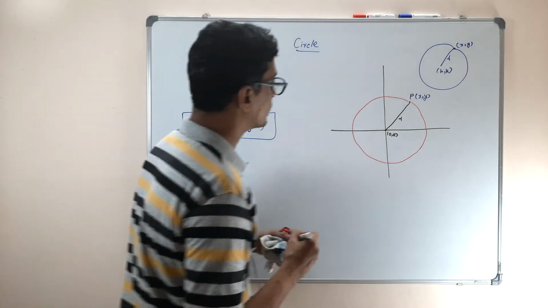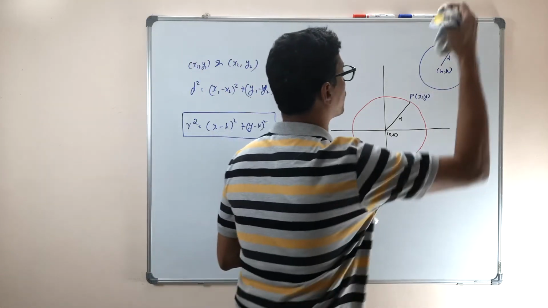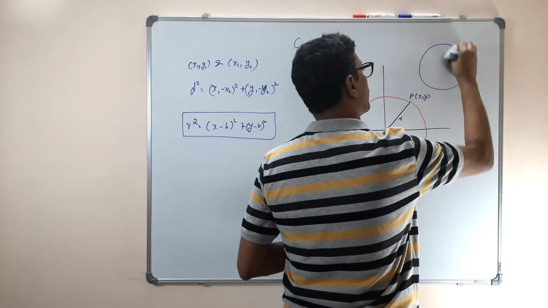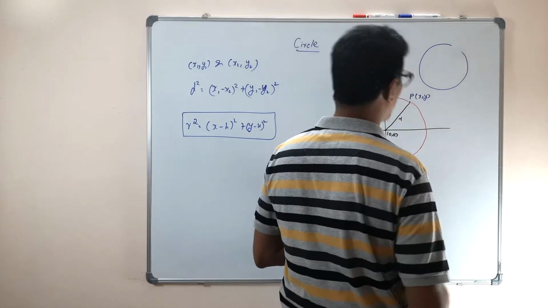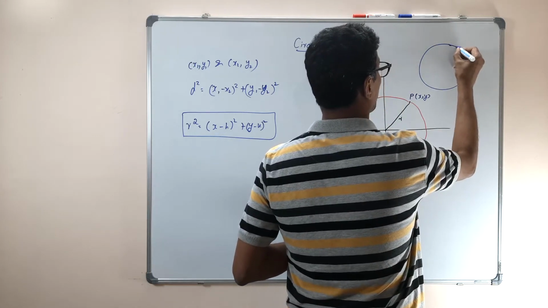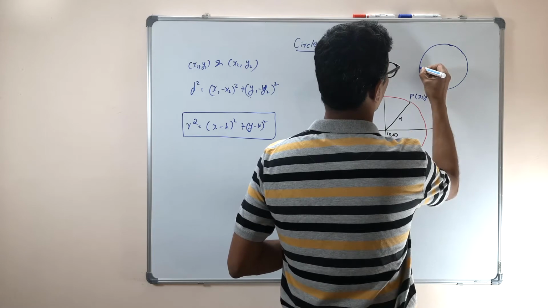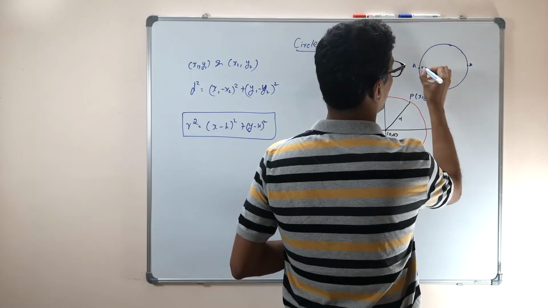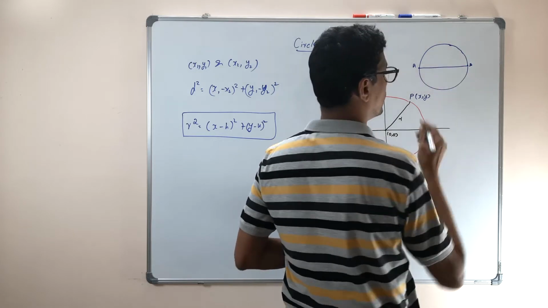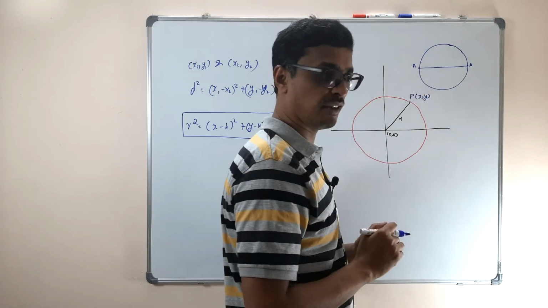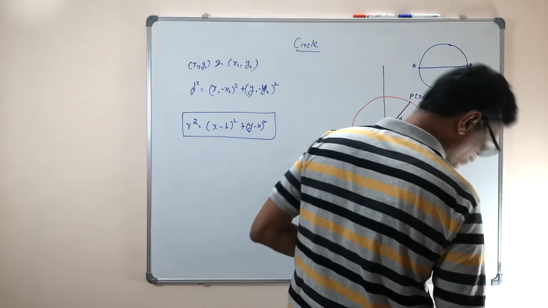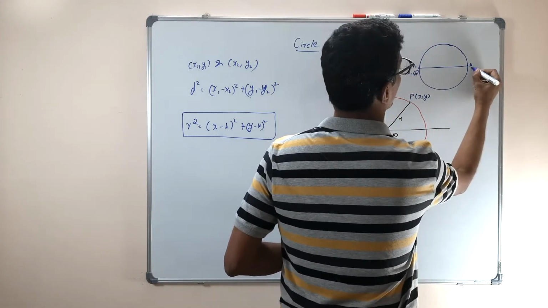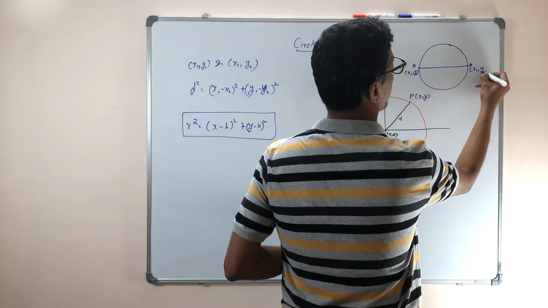For example, I am not going to give you the center, nothing is given. What I am going to give you is one point A, another point B. These are the 2 points I gave. Let us call this point x1 comma y1. This is x2 comma y2.